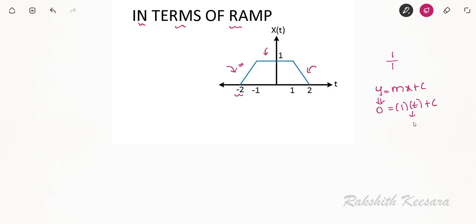From this, c will be 2. So the equation of the line is y equal to t plus 2. And the equation of this line is y equal to 1. And the equation of this line is, slope is decreasing, that is minus t, and with the intercept it is minus t plus 2.